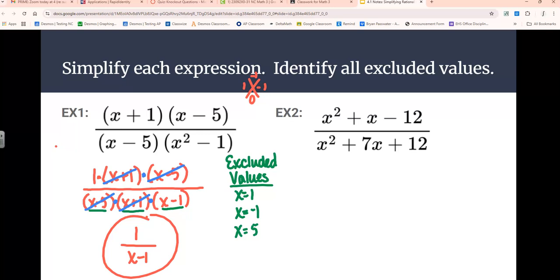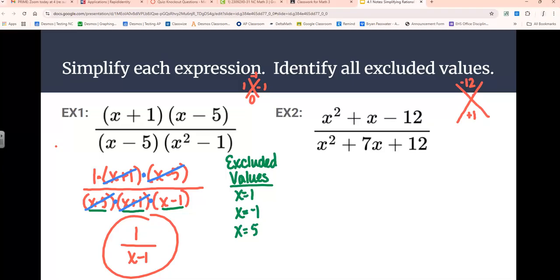All right, now this next one's not factored for us at all, so we're going to have to factor here. If I'm factoring the top right here, I've got a negative 12 as my last number. I've got a positive 1 as my middle number. Who can tell me the numbers that I should use to factor?